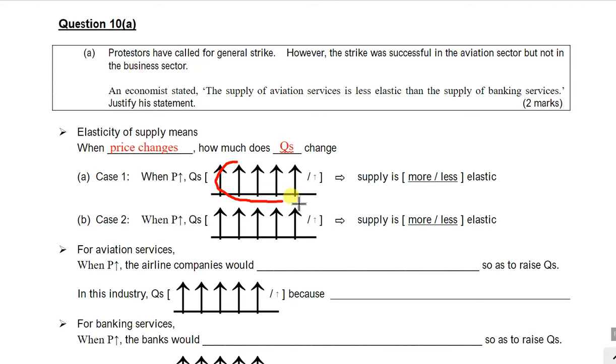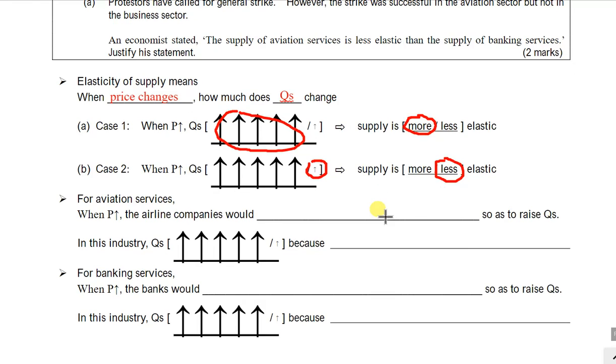The first, QS increases a lot. The second, QS just increases a little bit. If we find out that QS increases a lot, then I will say that the supply is more elastic. Otherwise, less elastic.